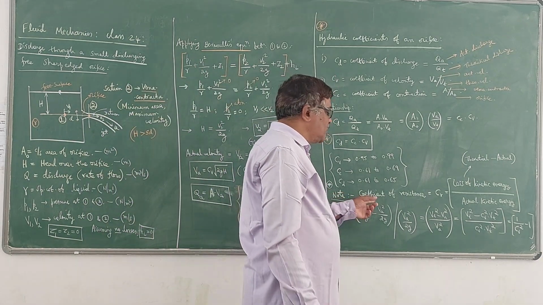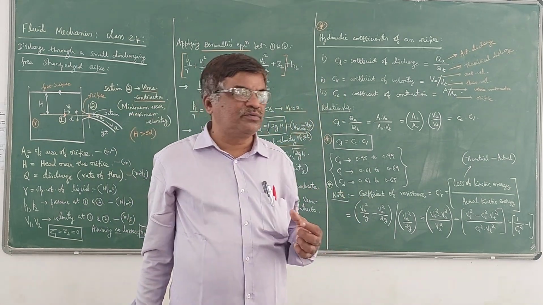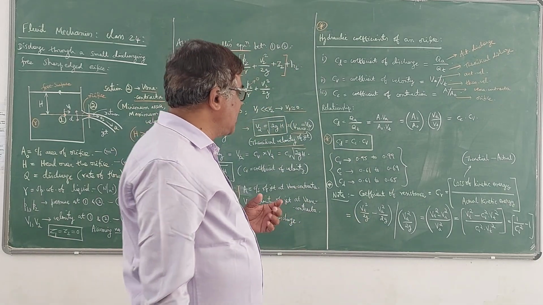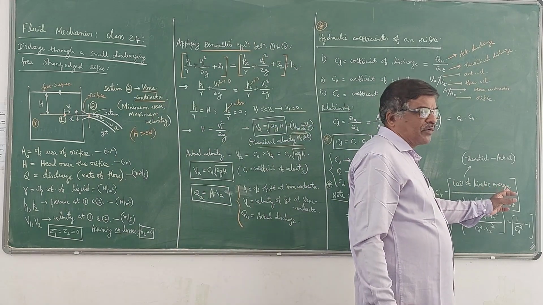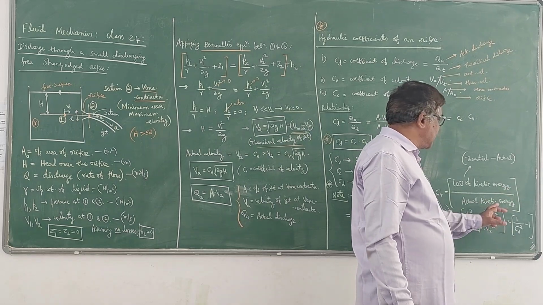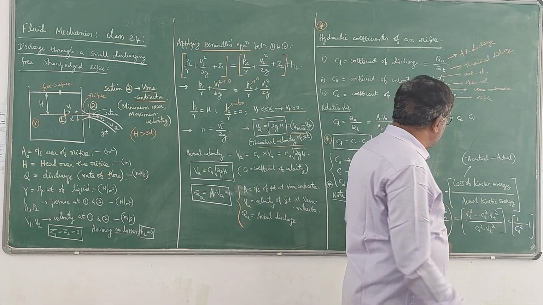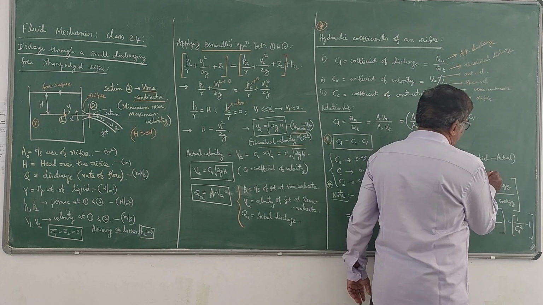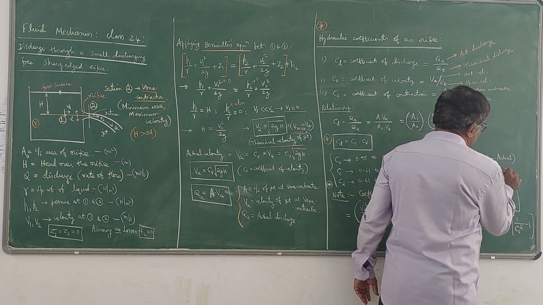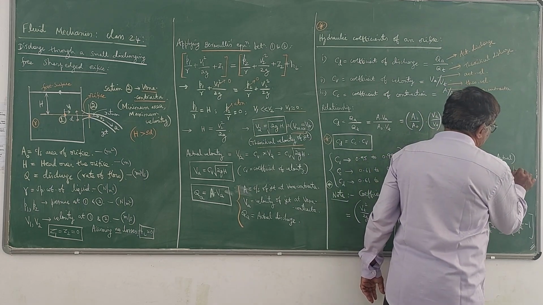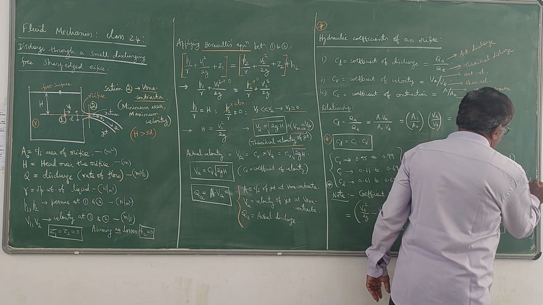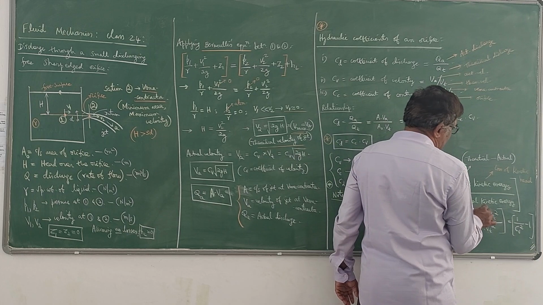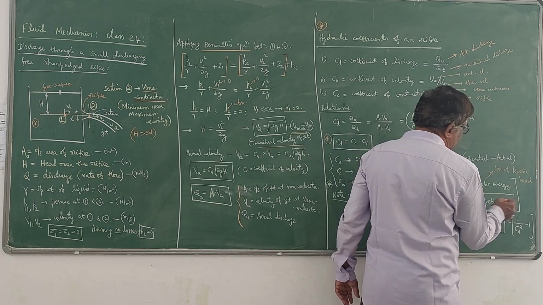Now there is one more coefficient that can be defined called coefficient of resistance, Cr, which is defined as the ratio of loss of kinetic energy per unit weight to the actual kinetic energy per unit weight, or you can also write it as loss of kinetic head divided by actual kinetic head.